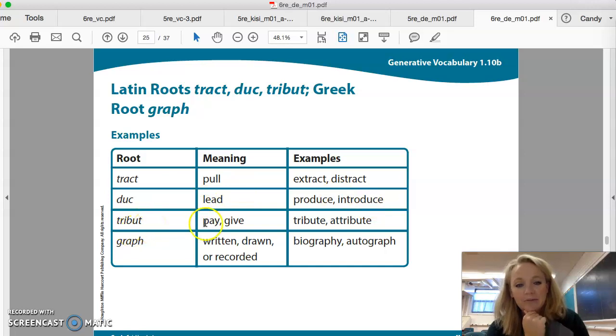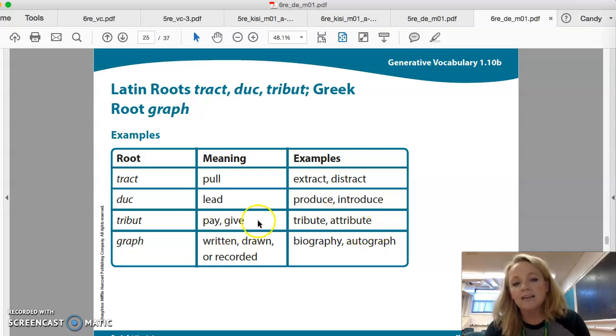And then we have tribute, means to pay or give. If you've heard of the Hunger Games, I volunteer as tribute. I give myself up. And then attribute. I can attribute the fact that you are sleeping through this to the idea that maybe you didn't get enough sleep last night.